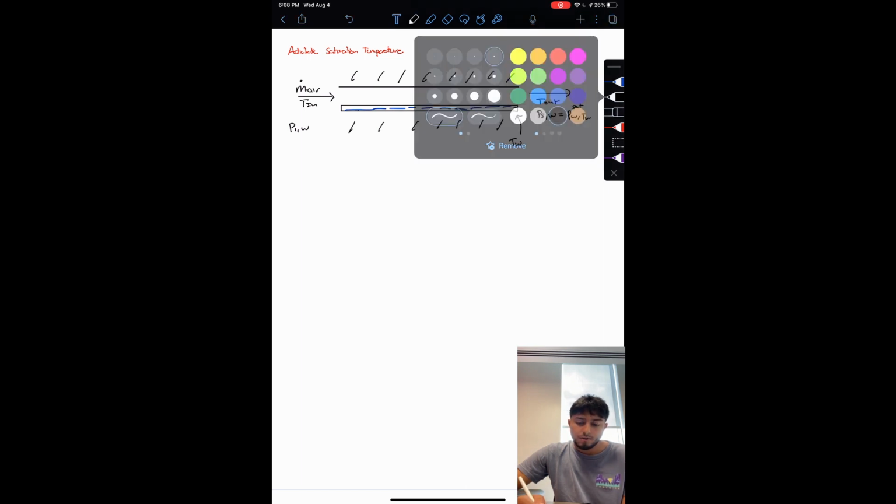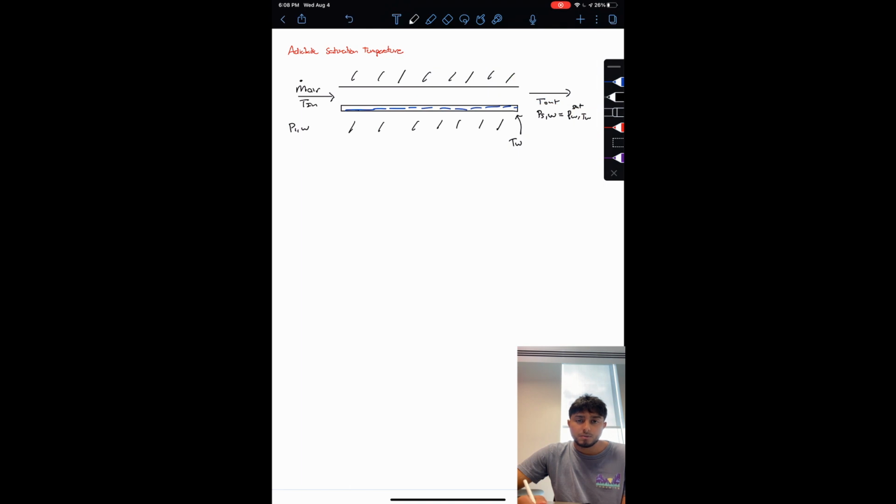So what we're going to first need to do in this problem is make an energy balance. First, we're going to write an equation for the enthalpy that is going into the system. So we have a mass flow rate of air that is entering.